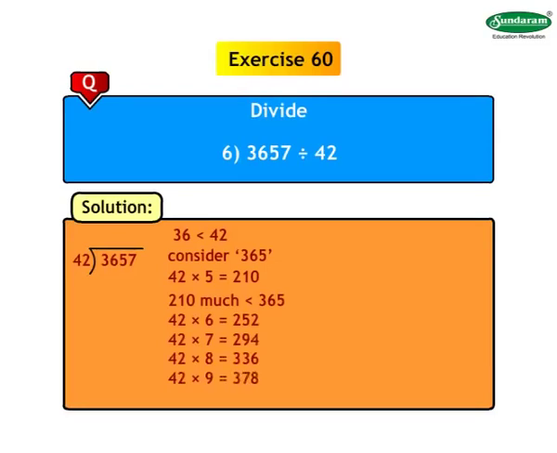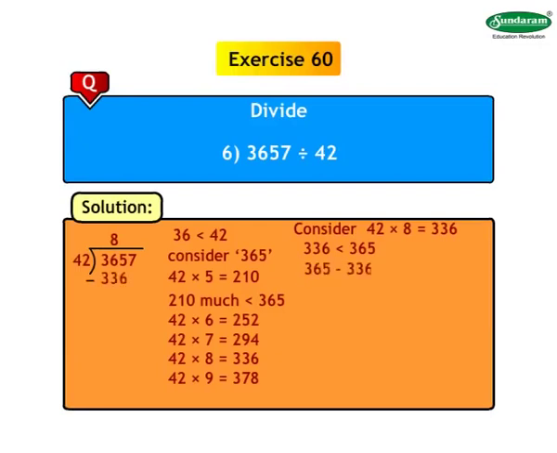Now we should consider 42 into 8 is equal to 336 because 336 is less than 365. Write 8 above 5 in quotient. Subtract 336 from 365.